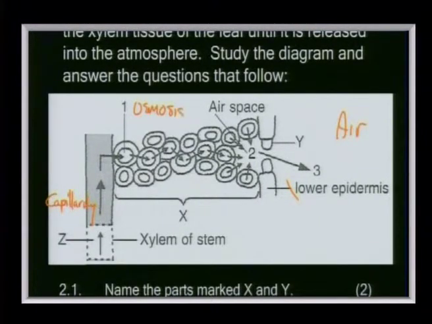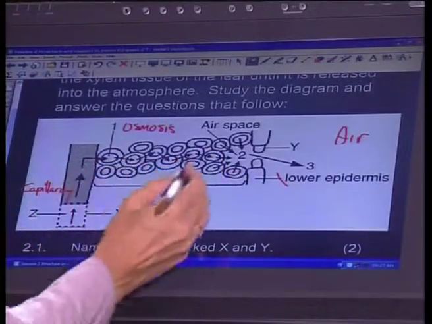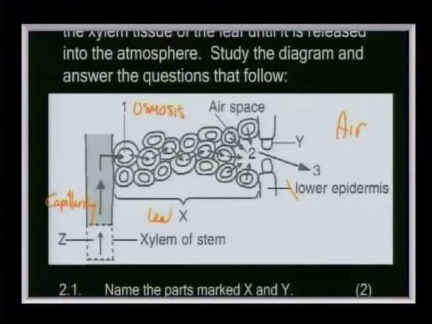Now remember, when the water moves through a cell and it moves through that partially permeable membrane, then it is osmosis. If it goes around the membrane and goes along the cell wall but doesn't go through the membrane, it would be diffusion. All right, now X, clearly the leaf mesophyll.